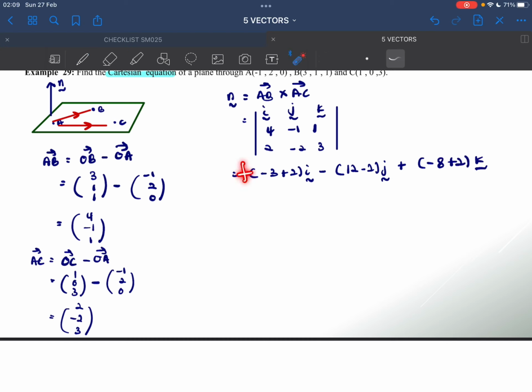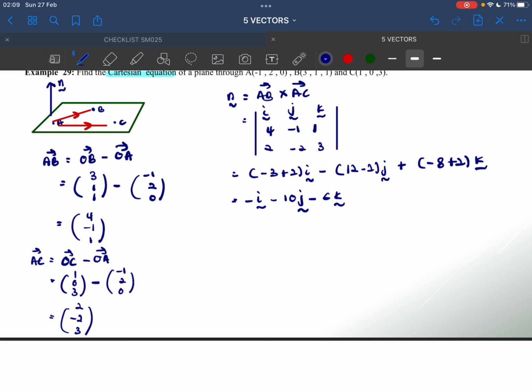Always remember plus minus plus. So now we have the answer: negative i minus, 12 minus 2 is 10, so negative 10j, minus 6k. So that is your normal.